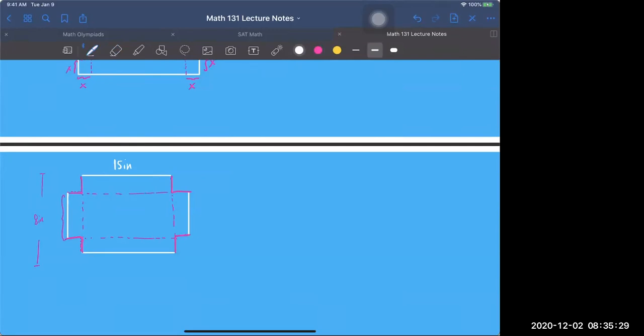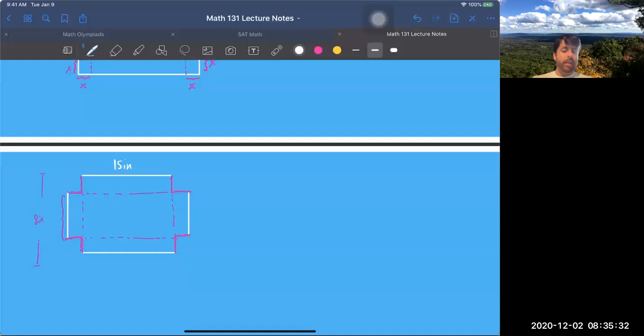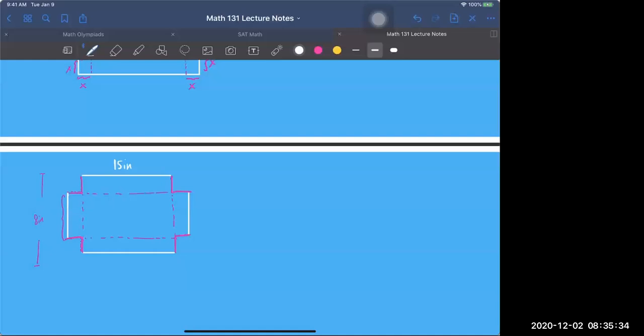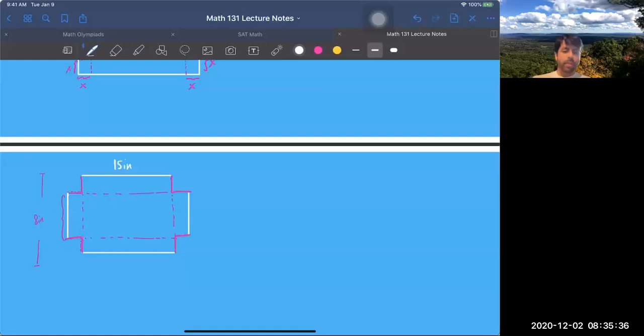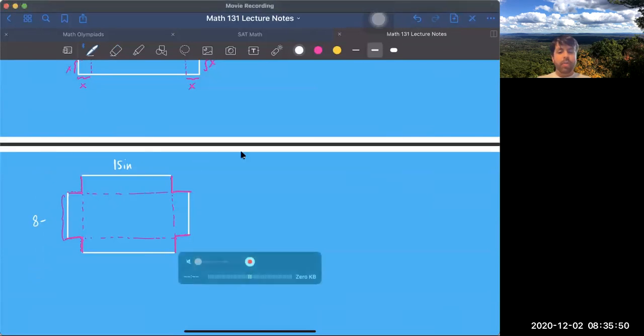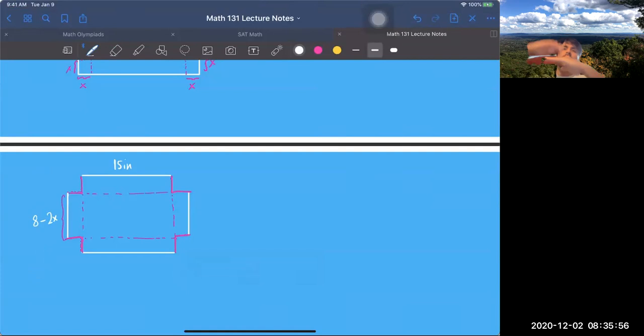No, I took away x twice from 8. That's right, it would be 8 minus 2x. Do you see that? If the whole thing is 8 and I took away x and x, then the remaining is 8 minus 2x.